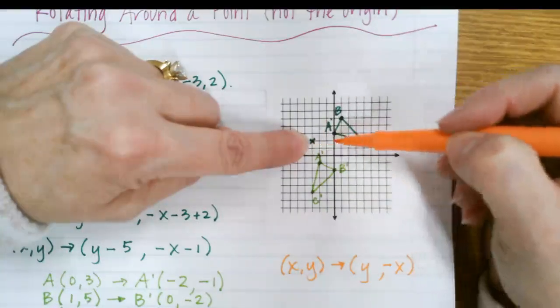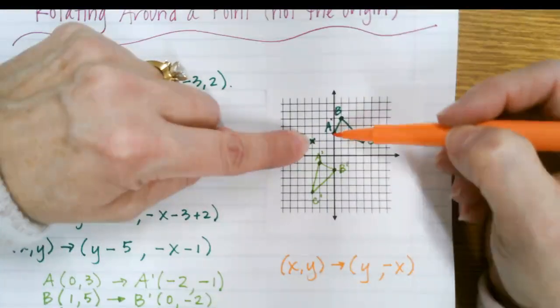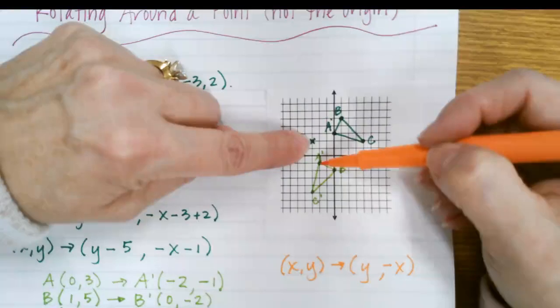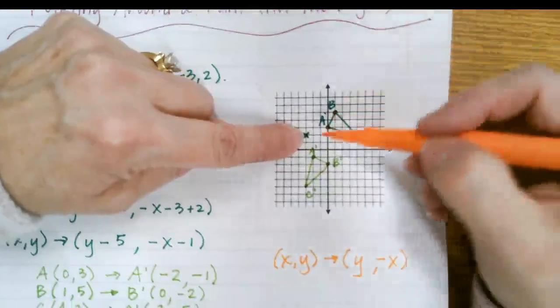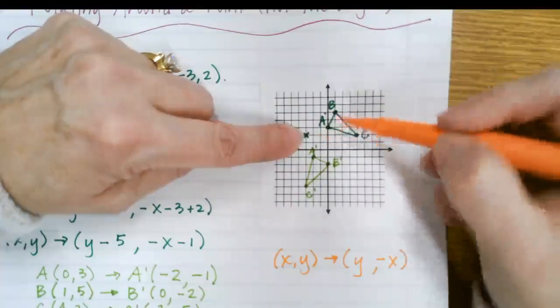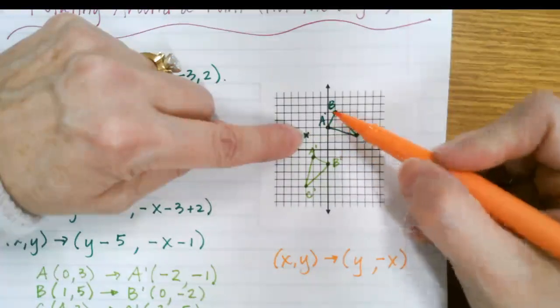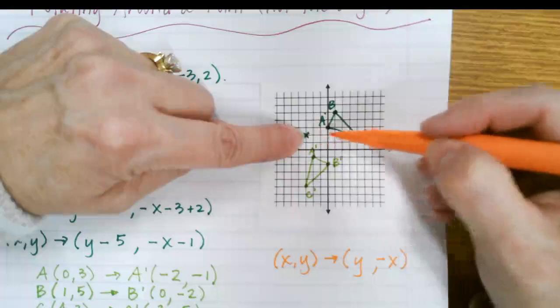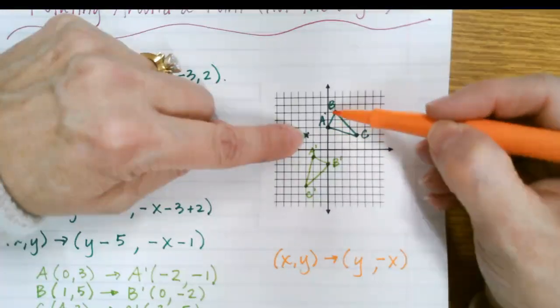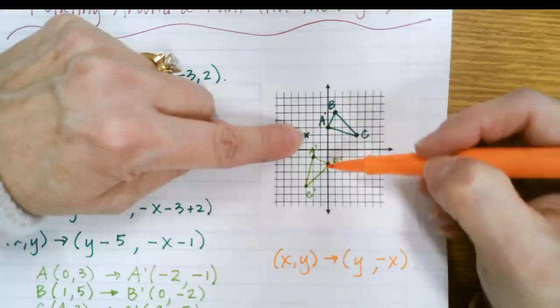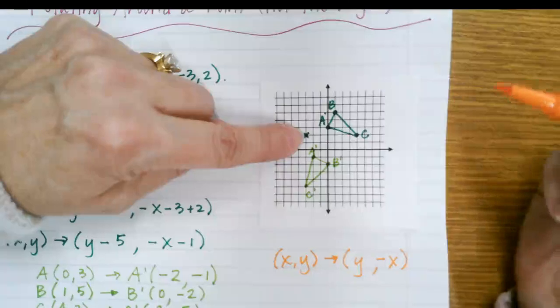Okay, so if we think of 3, 1, then if we switch them, it's going to be 1, negative 3. All right, and then if you look at point B, so point B would be 1, 2, 3, 4 to the right and up 3. So this would be 4, 3. So if we switch it, we're going to go 3 and then down 4. And there we landed at B prime.